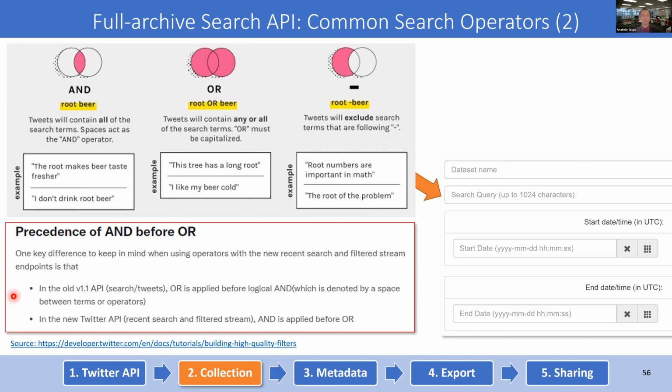But the point I want to make is that as Twitter made this switch from version 1.1 to version 2, they also changed how their search system interprets the Boolean operators AND and OR. In version 1.1, previously, OR was applied before the logical AND. I'll show you an example quickly.